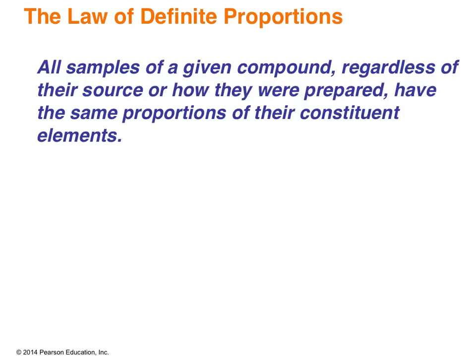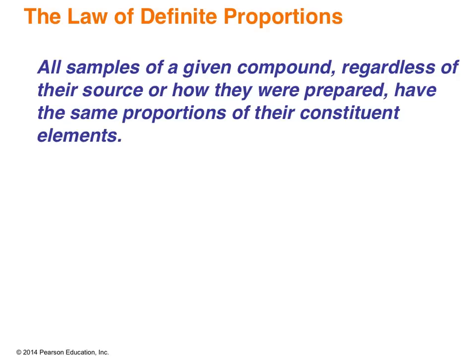Now, all samples of a given compound, regardless of their source or how they are prepared, have the same proportions of their constituent elements. It's also called the law of constant composition.